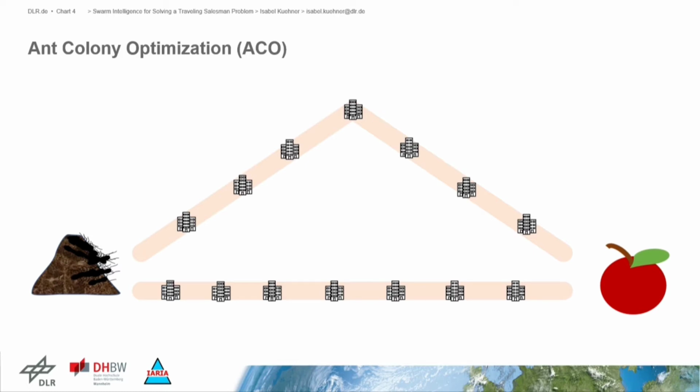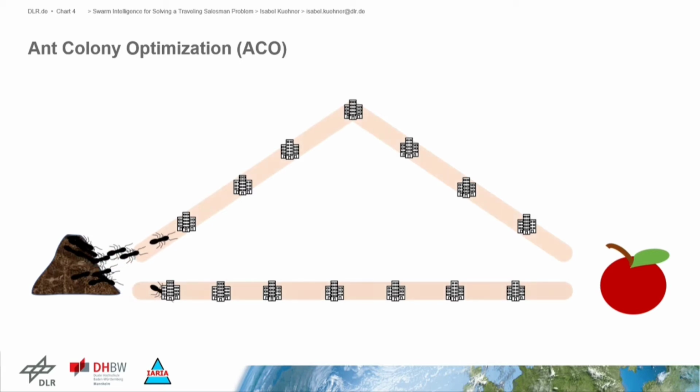So when the ants arrive at the food source from the short path and they want to go back, they decide, depending on the pheromones, which path to choose. So they choose the path with most pheromones. And as the other ants haven't arrived at the food source, the ants will choose the short path.